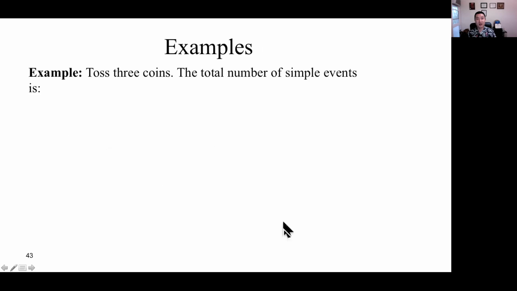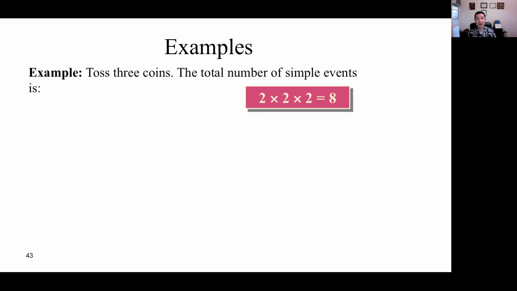For example, if we toss 3 coins, then the total number of simple events will be 2 times 2 times 2, because we can think of tossing 3 coins as an experiment with 3 steps or 3 operations.